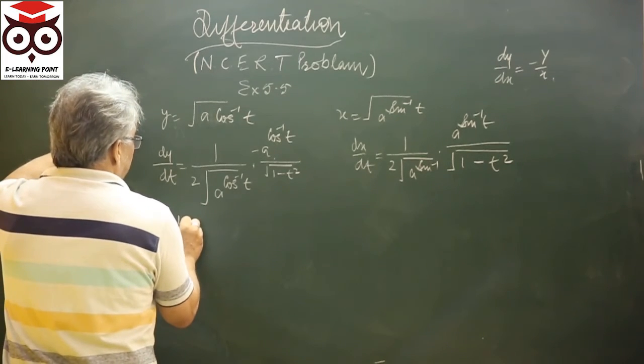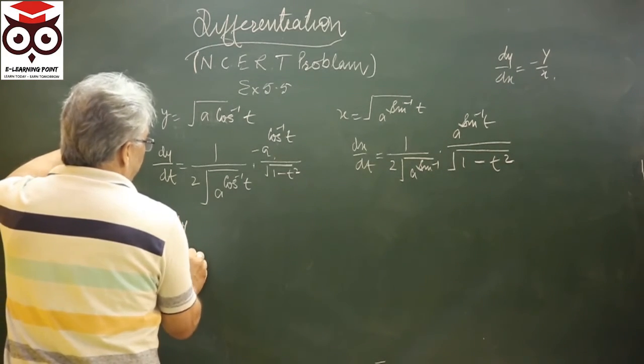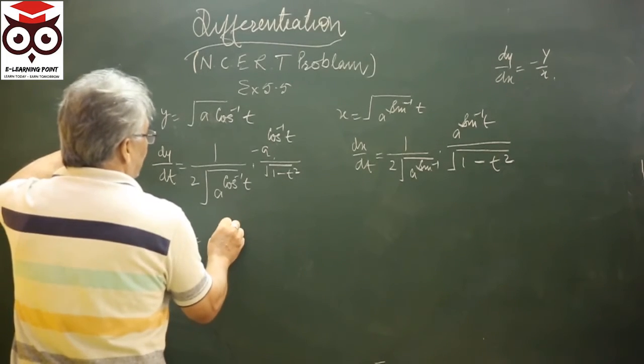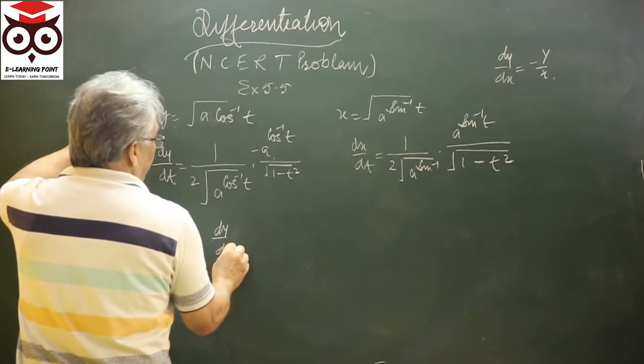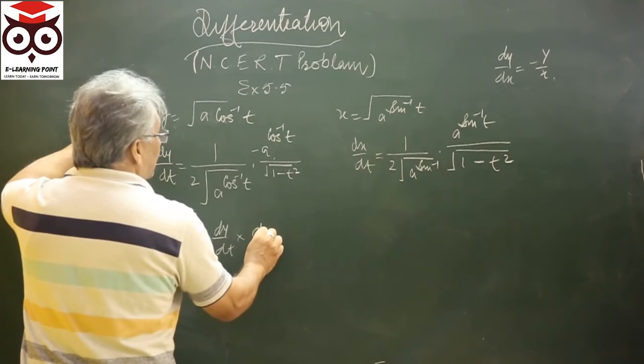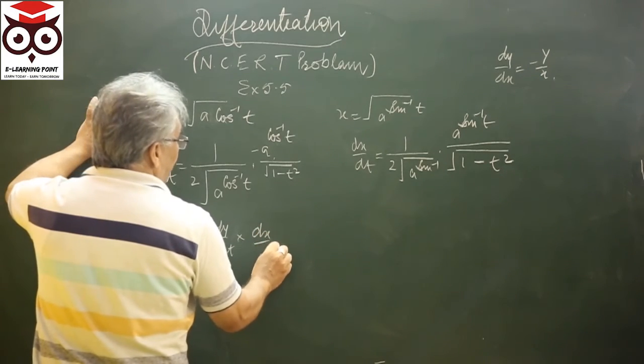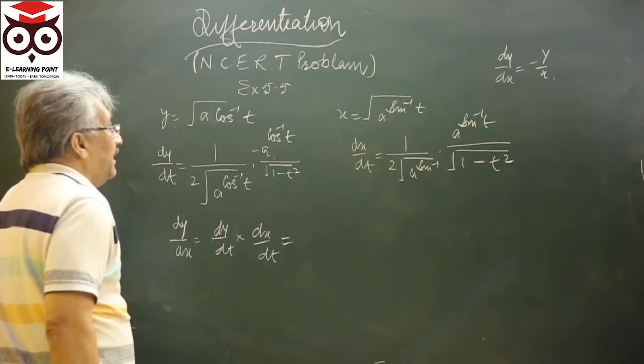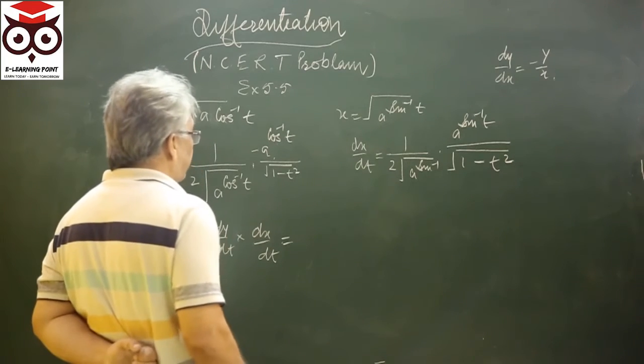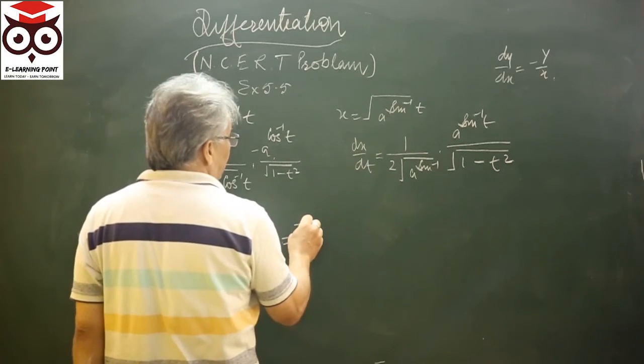Now what is dy by dx is equal to dy by dt into dx by dt, and I will put its respective values here.